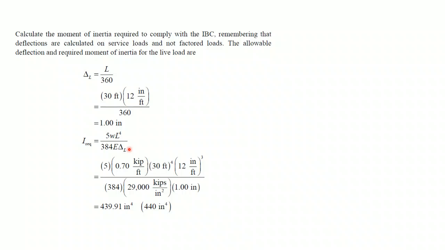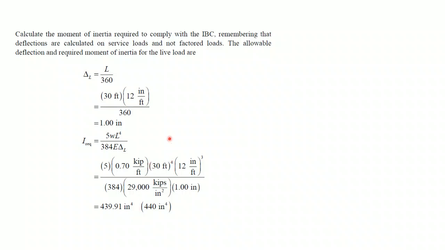Since it's simply supported, the equation is 5WL^4 over 384 E delta L. You can easily find this equation in any code. Using the delta L value here and other properties, keep in mind again, W is the service load, not the factored load, we get a moment of inertia of 440 inch to the power 4.